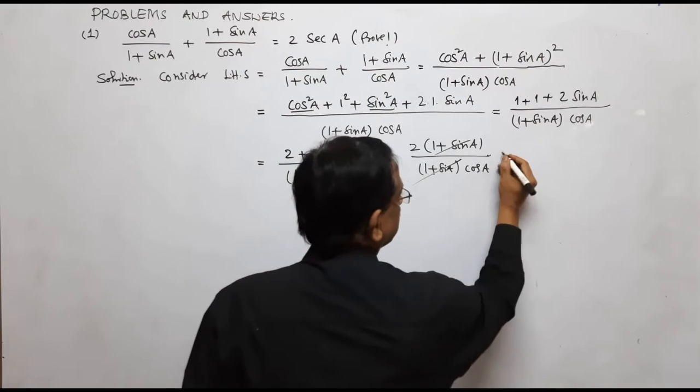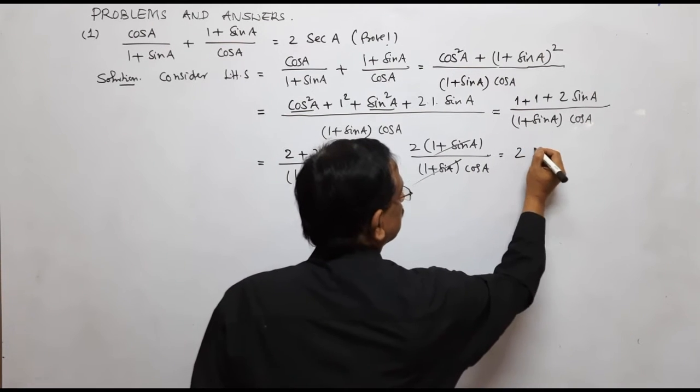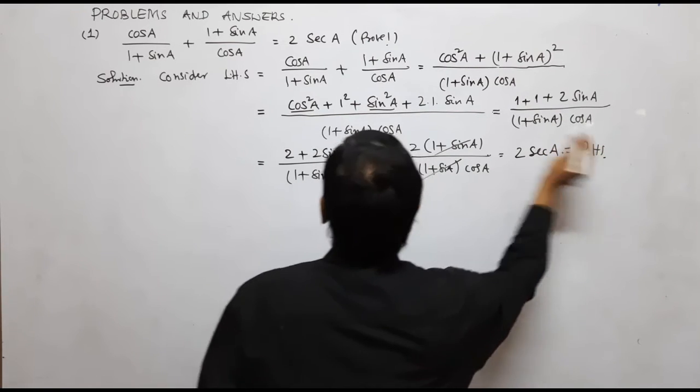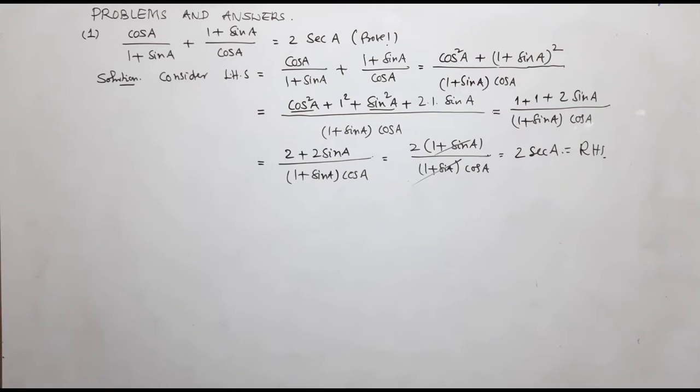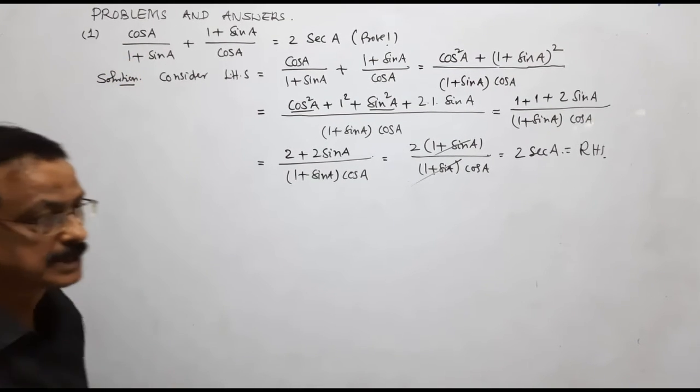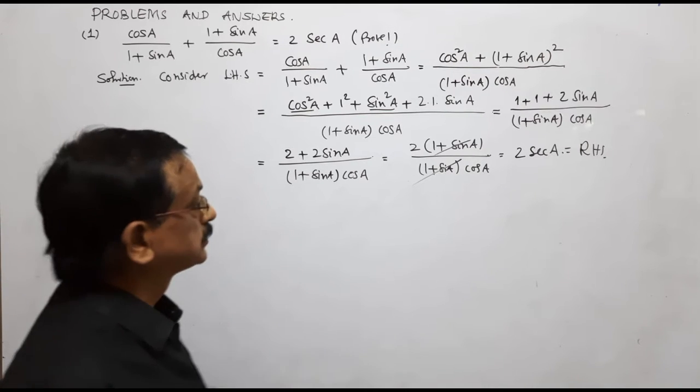So 2 by cos A, but 1 by cos A is secant A, so 2 secant A, which is RHS. So this is a simple problem: cos A by 1 plus sin A plus 1 plus sin A by cos A is 2 secant A.